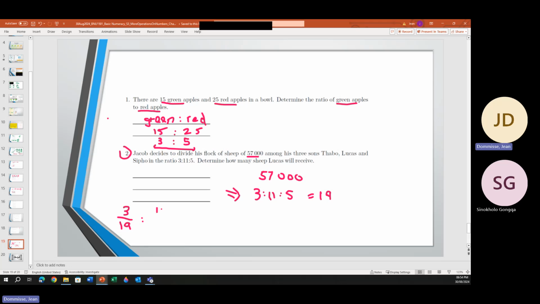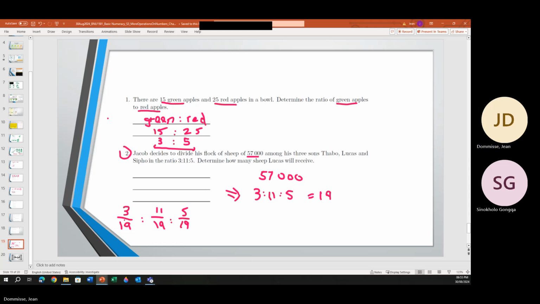Lucas gets 11 of the 19. And Sipo gets 5 out of the 19. If we add 3 plus 11 plus 5, we do get the 19 in total.